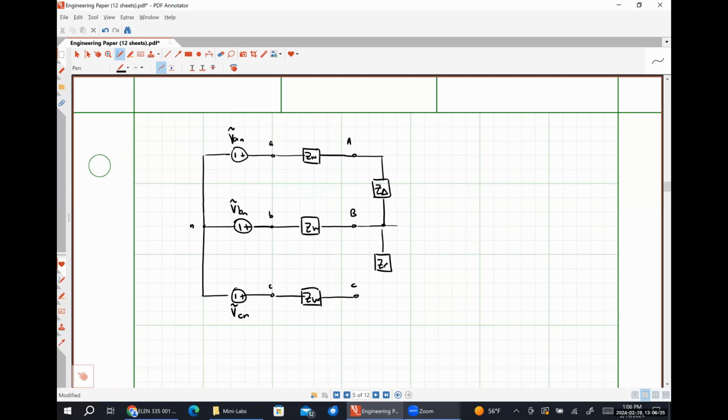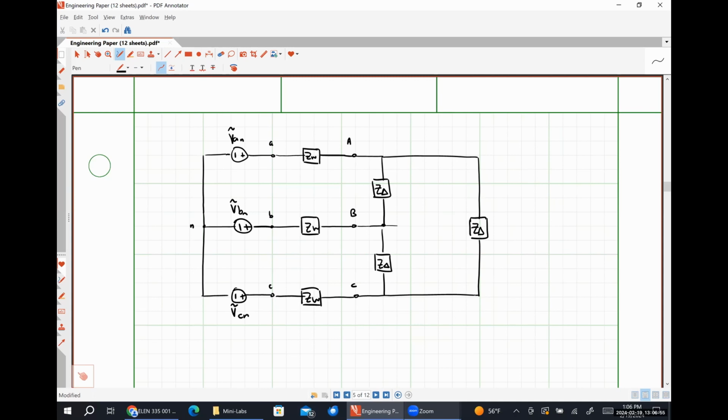I have some impedance Z delta connected between the B and C transmission line terminals. And I have some impedance Z delta connected between the C and A transmission line terminals. So just checking in with you guys, does my delta connected load look connected correctly?